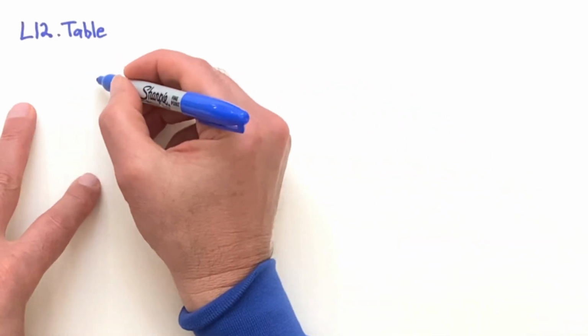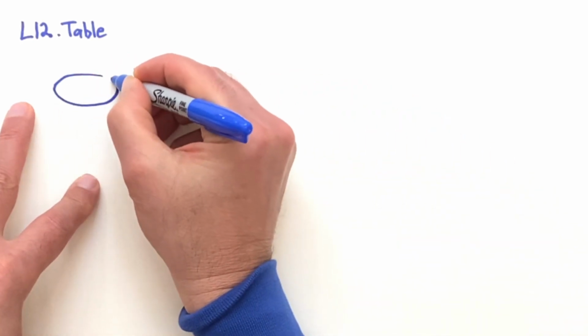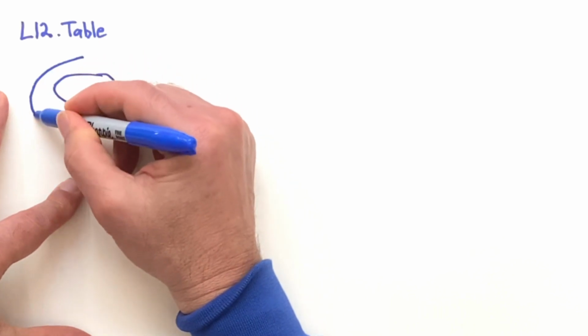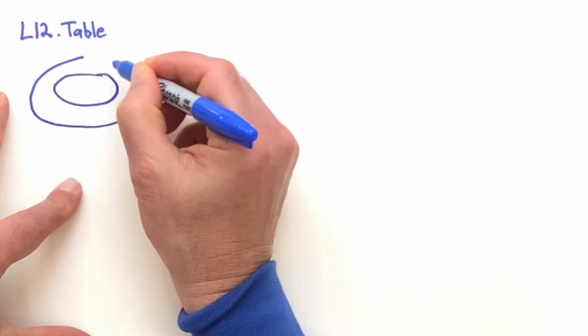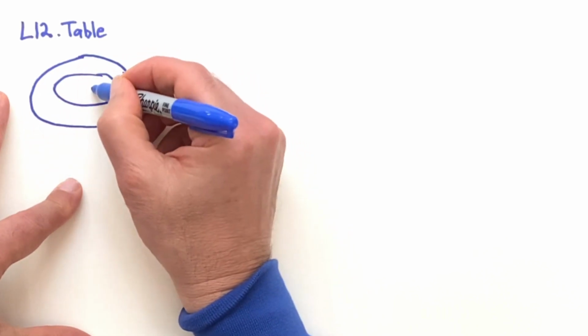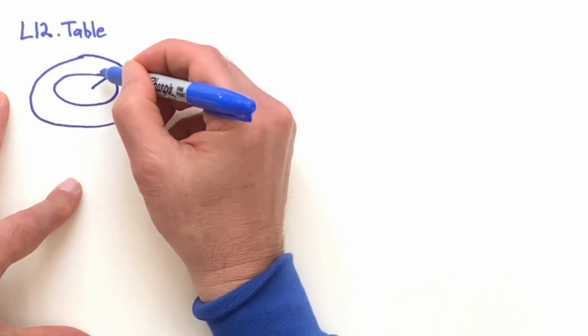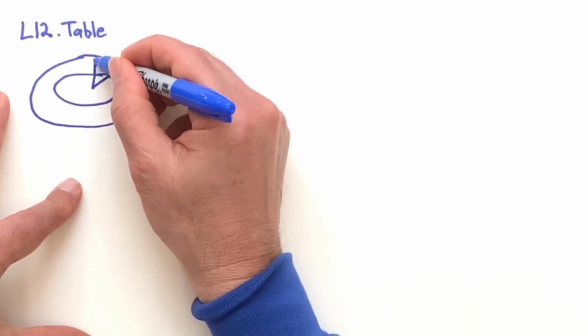So the entry we're interested in is a cylinder that has a thickness, so you have two R's, like an R1 and an R2.